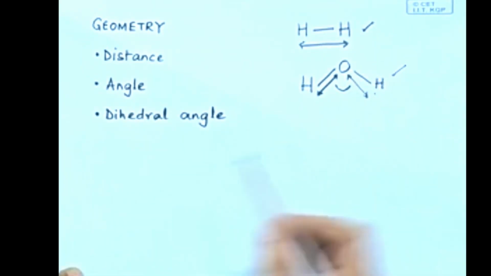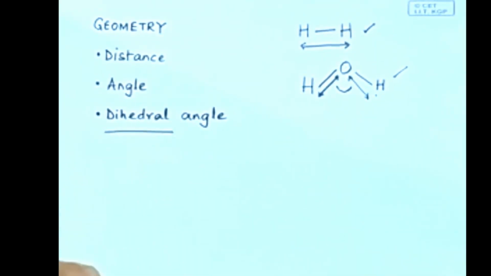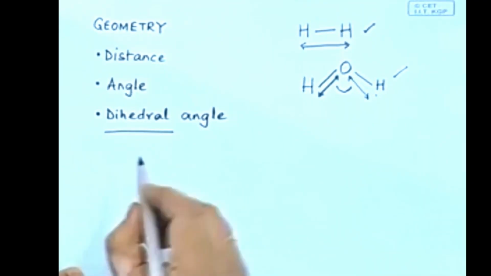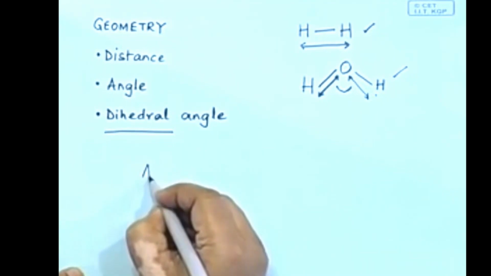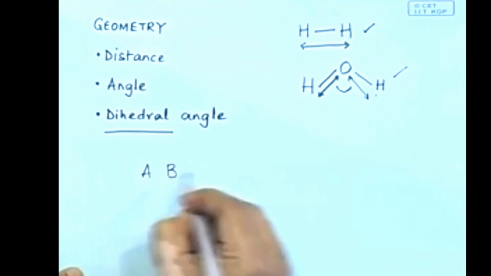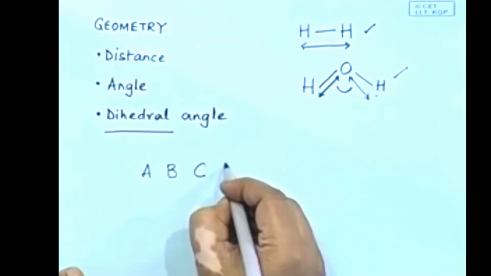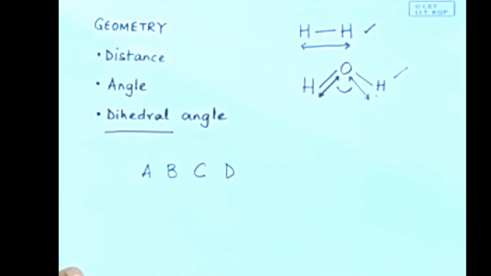Fine. Now what is this dihedral angle? Suppose you have 4 atoms, A, B, C, D, right? You know that a plane is defined by a minimum of 3 points.